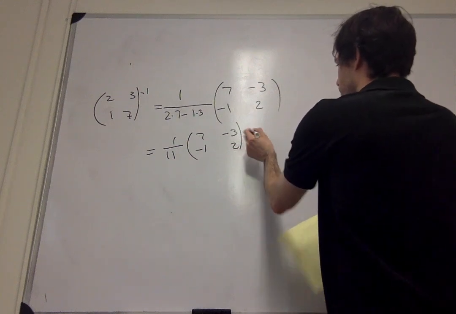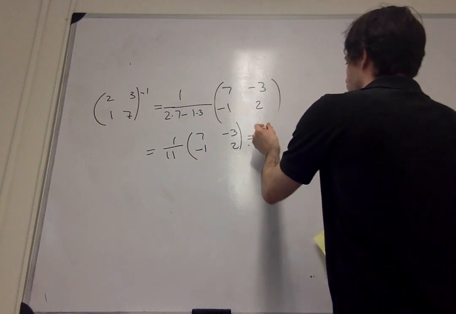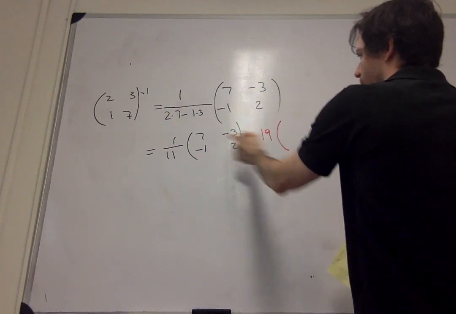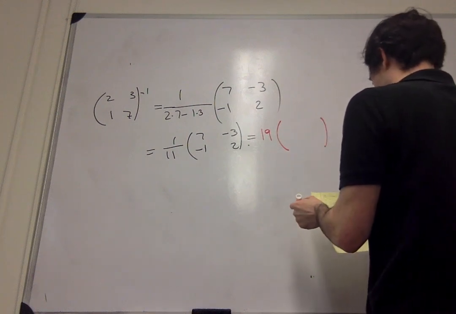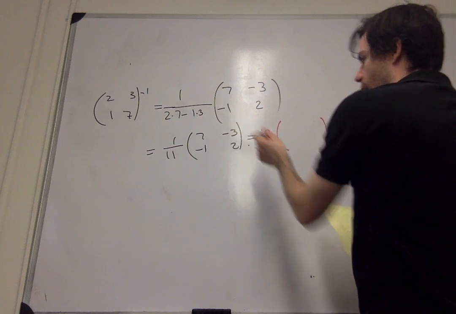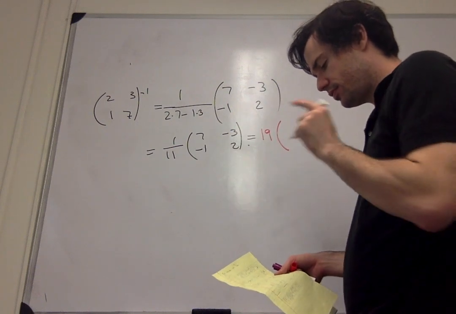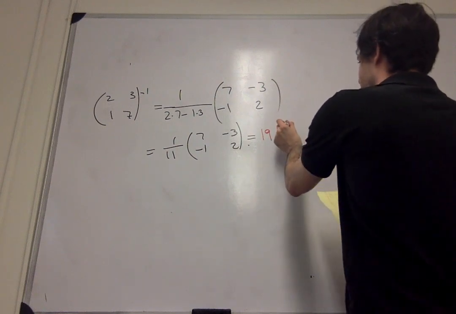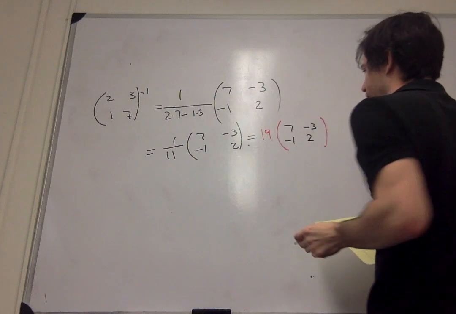So let's rewrite that. This is 19, and I don't have negative numbers again, so, well, we'll get to that in a second, right? Okay, so I have this.